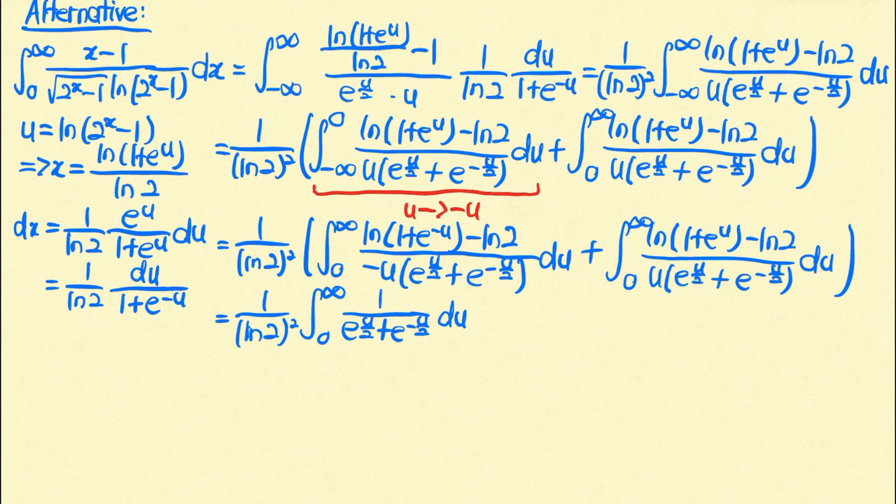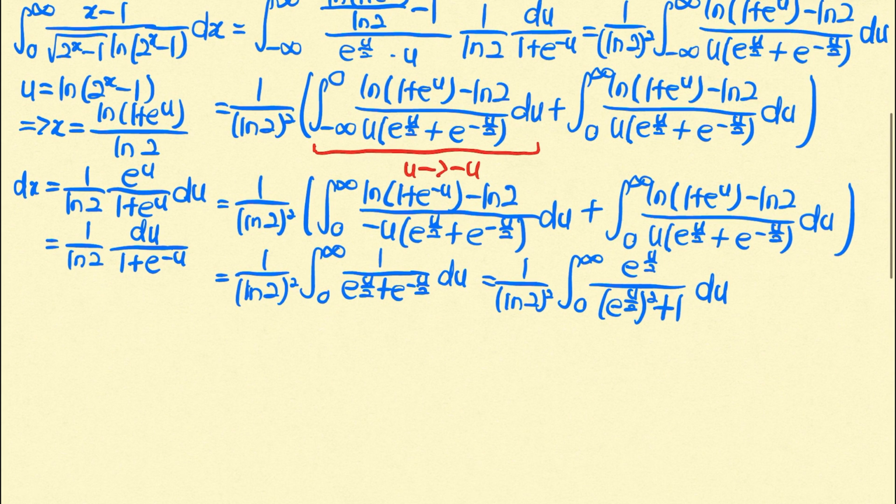So this is a simple integral where you can just notice that it is the same thing as the integral from 0 to infinity of e^(u/2) over ((e^(u/2)) squared plus 1) du.